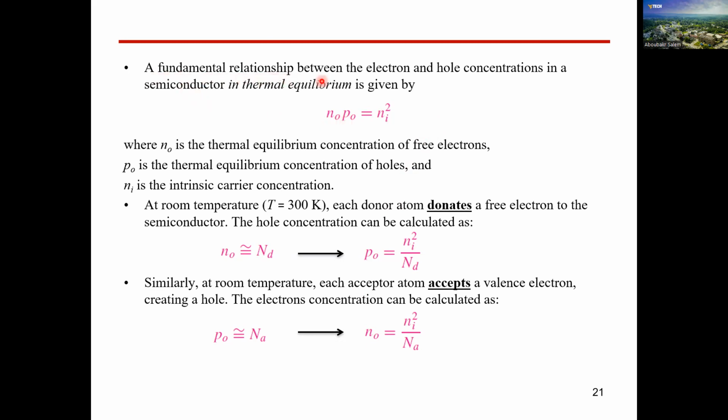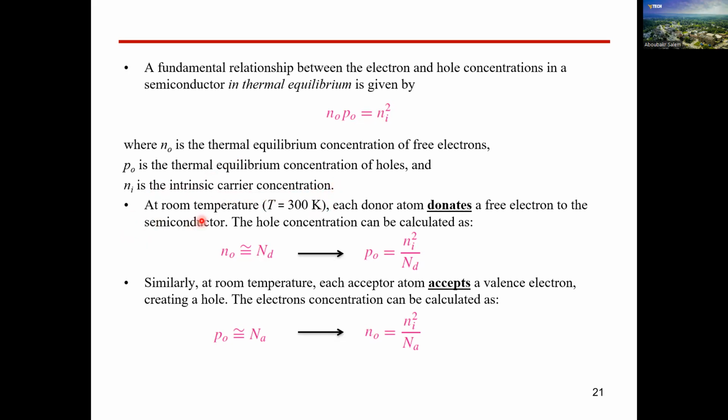A fundamental relation between the electron and hole concentrations in a semiconductor in thermal equilibrium is given by N0 times P0 equals Ni squared, where Ni is the intrinsic semiconductor material concentration. N0 is the thermal equilibrium concentration of free electrons, and P0 is the thermal equilibrium concentration of holes in a material. And again, Ni is the intrinsic carrier concentration.